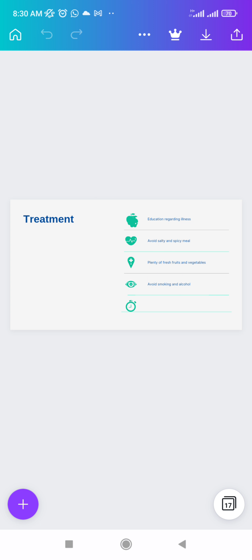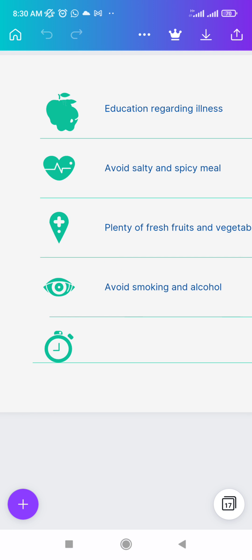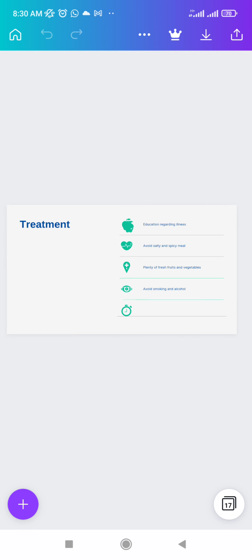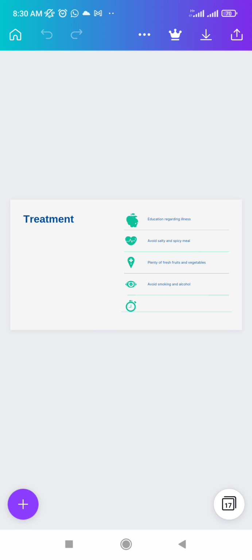General measures for xerostomia are: educate the patient regarding the illness, ask the patient to avoid salty and spicy meals, take plenty of fresh fruits and vegetables, and avoid smoking and alcohol. Then give the patient a trial of multivitamins along with calcium, magnesium, and zinc trace elements to replace the malnutritional elements.